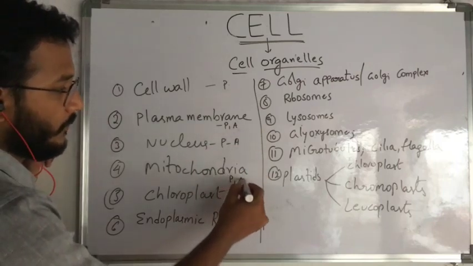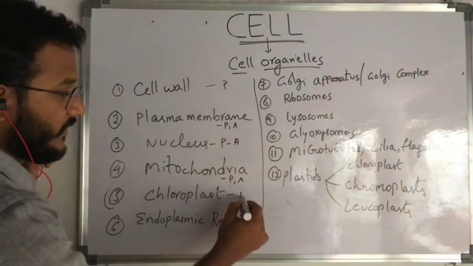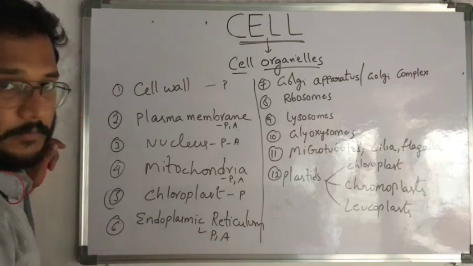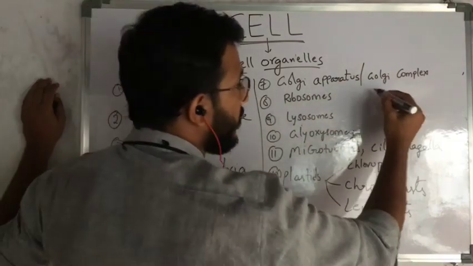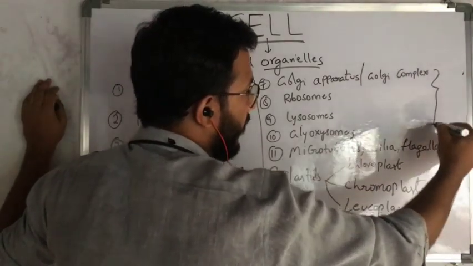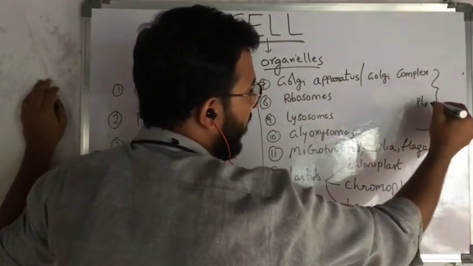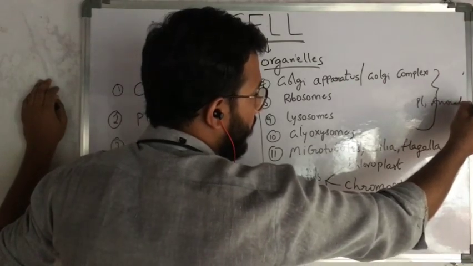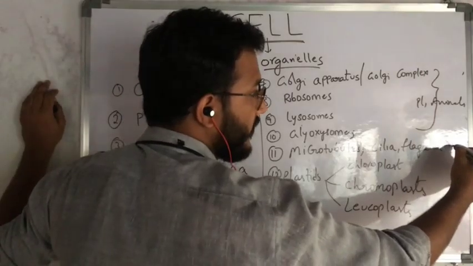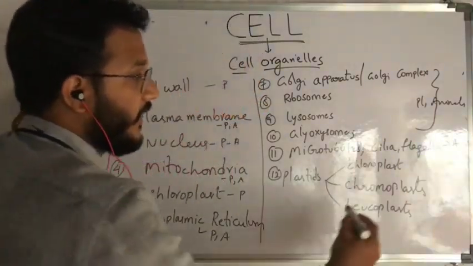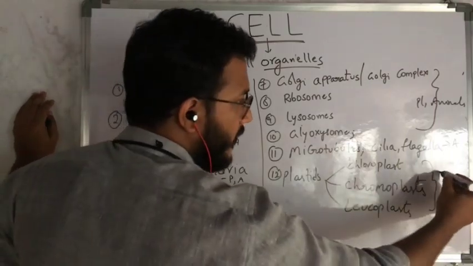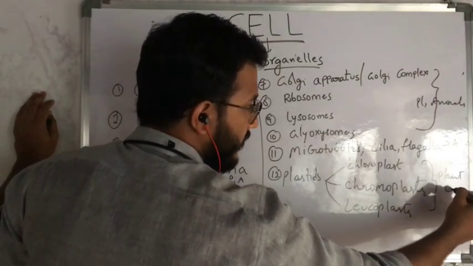Chloroplast is present only in plants. Endoplasmic reticulum, Golgi apparatus, ribosomes, lysosomes and glyoxysomes are present in both. Microtubules, cilia and flagella are mainly present in animal cells, and plastids are present in plant cells.